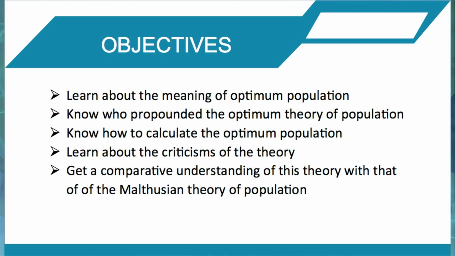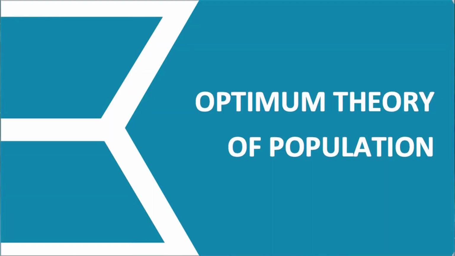And then also learn about the criticisms of this theory and hence get a comparative understanding of this theory with that of Malthusian theory and other theories of population. You all will be able to compare whether this theory is better or the previous theories of population are better or acceptable. Now, coming to the optimum theory of population, first we shall learn about the optimum population.